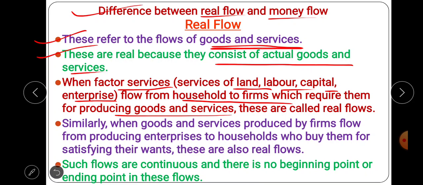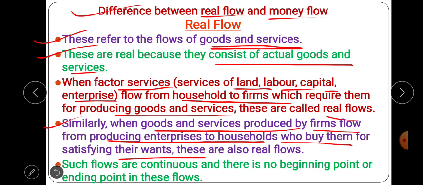It means when the factor services, meaning land, labor, capital, enterprise, flow from household to firm, this is called real flow. Okay. Similarly, when goods and services produced by the firm flow from the producing enterprises to the households who buy them for satisfying their wants, these are also called real flow.